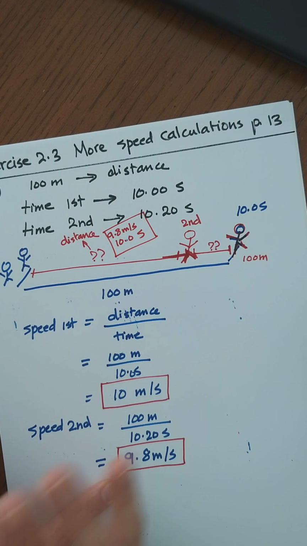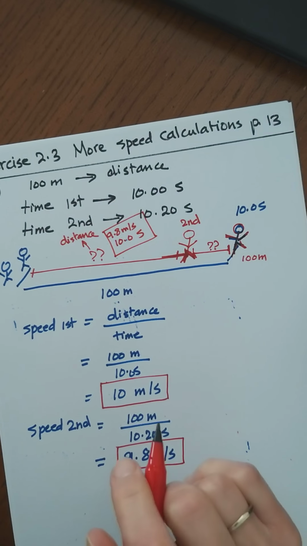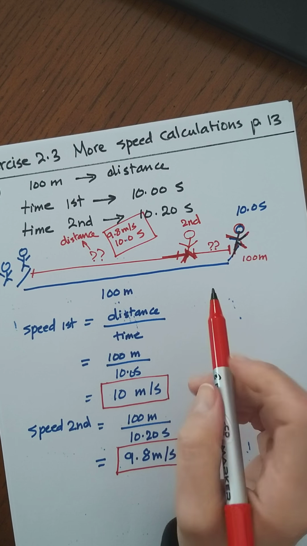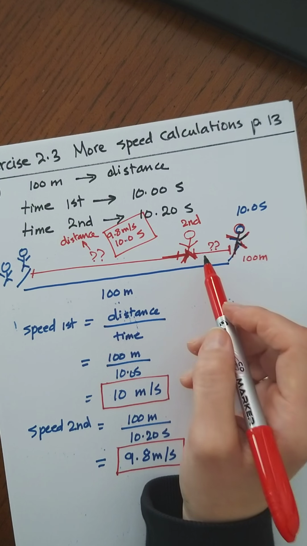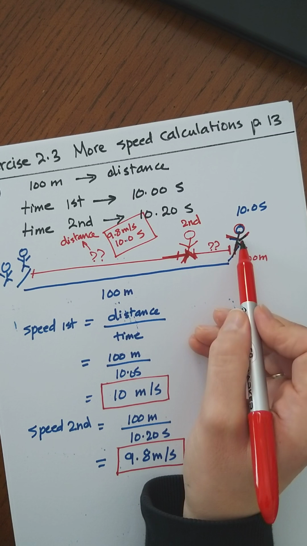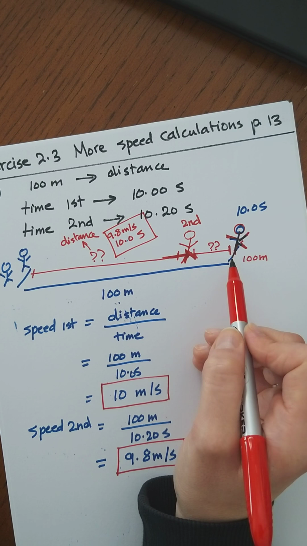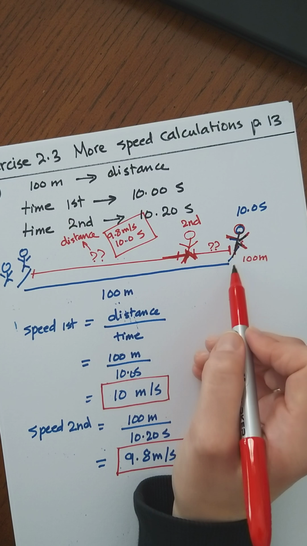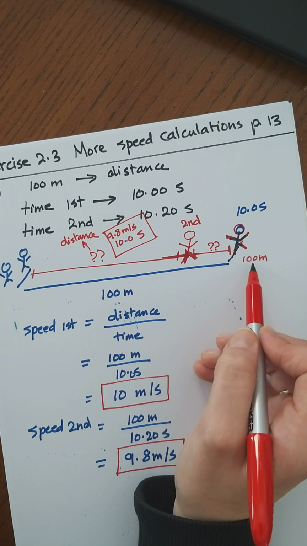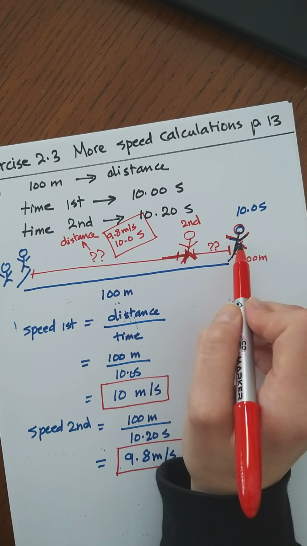This might sound a little bit tricky. Let's repeat. The question wants us to calculate the distance between the winner and the runner-up as the winner crosses the line. As the winner crosses the line, his distance was 100 meters and the time was 10 seconds. Of course, the time at this point applies to all the runners in the race. He finished at 10 seconds.